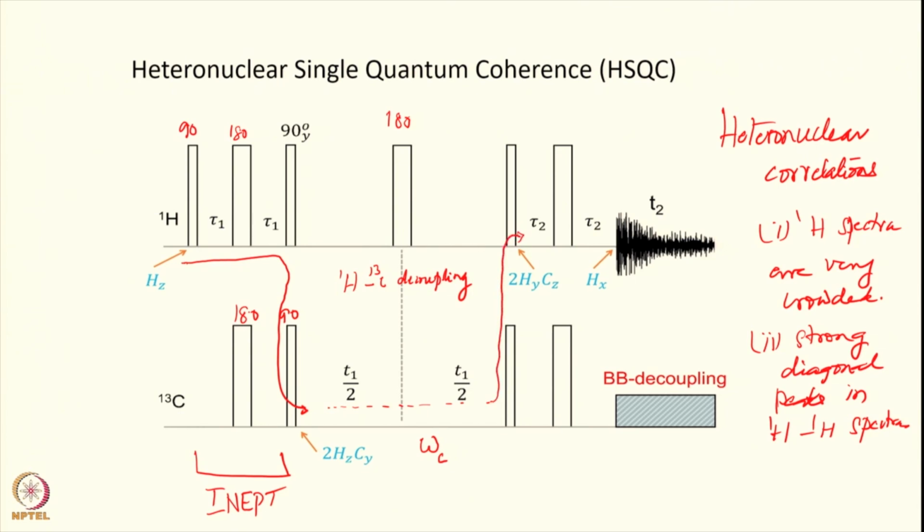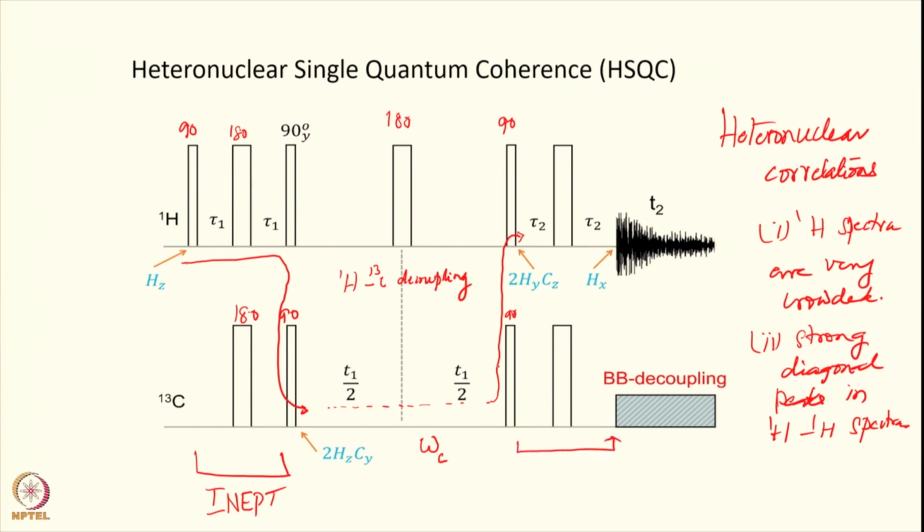Magnetization goes back to the proton by these two 90-degree pulses. This is 90 here, this is 90 here. By these two 90-degree pulses, magnetization goes back to the proton. This is again an INEPT. Now here it is a reverse INEPT.